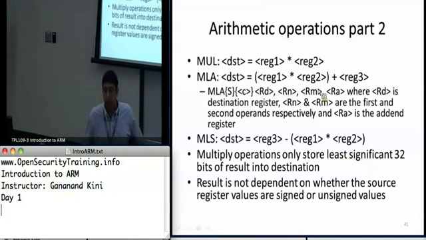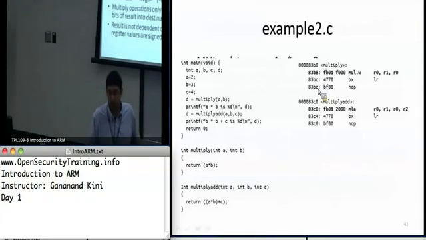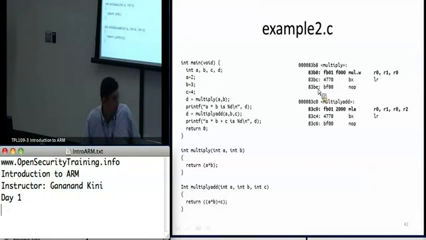The other note that's interesting about these operations is the result is not dependent on whether the source is signed or not. They'll just multiply and do the subtraction appropriately, and you'll get a signed or an unsigned value as a result. So here's an example.